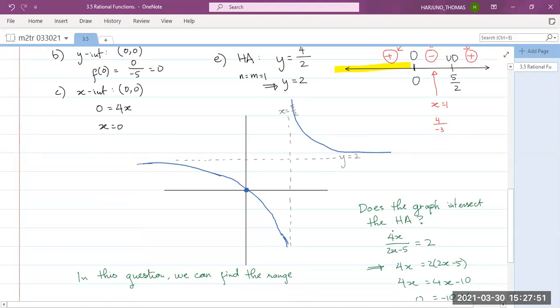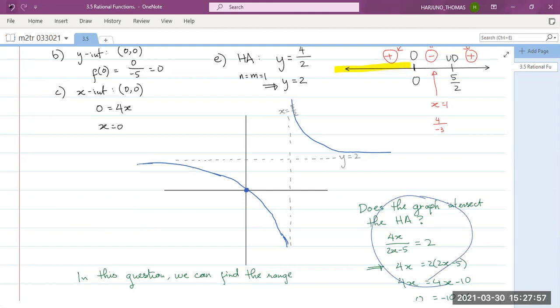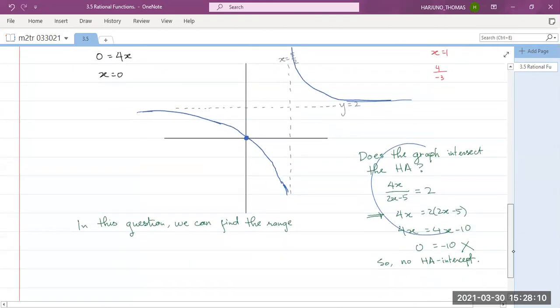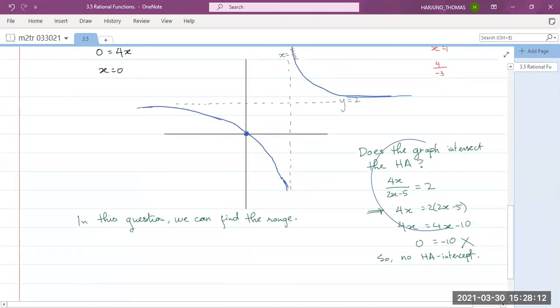Because if you touch it, then you must find such an x, but we find out that no, it doesn't touch the horizontal asymptote. And likewise here, it doesn't touch the horizontal asymptote. Now, if you take a look, then the range will be all real numbers except 2.